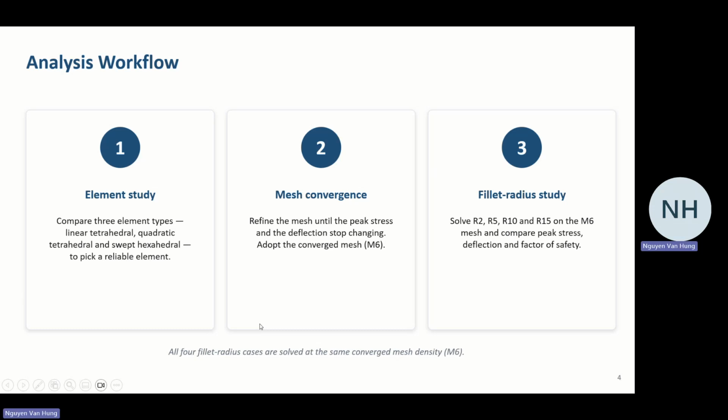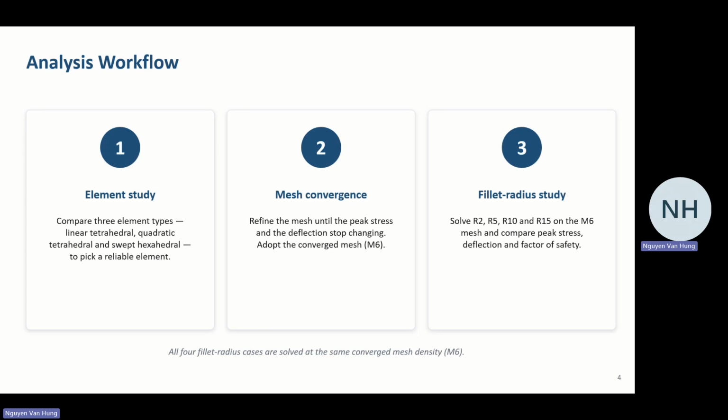The work has three steps. First, an element study. I solved the same geometry with three different element types to make sure the result does not depend on the element choice. Second, a mesh convergence study.